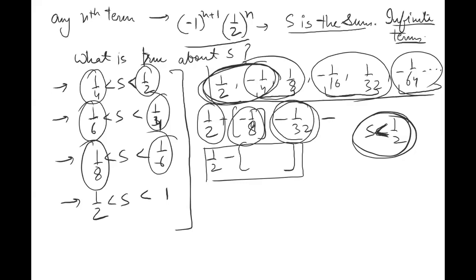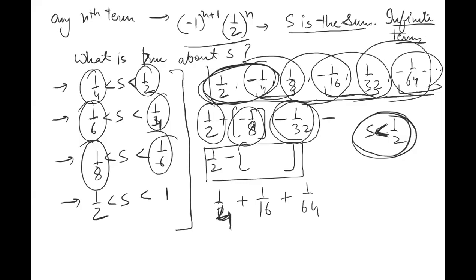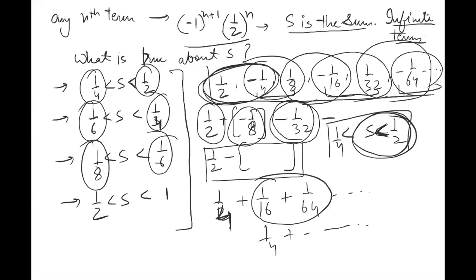Okay. Now take the sum of the first two terms. It will be 1 by 2 minus 1 by 4. Sum of the next two terms plus 1 by 16, sum of the next two terms plus 1 by 64, and so forth. That's 1 by 4 plus something, so it'll be more than 1 by 4. So the first option is the answer.